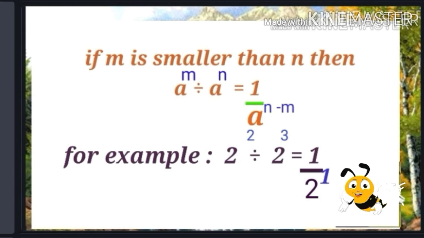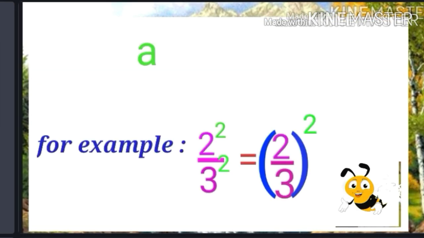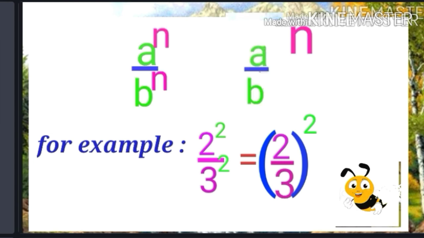So, let us look at one more law. Here, a raised to power n and b also raised to power n, then how is this written? It is written as (a by b) raised to power n.